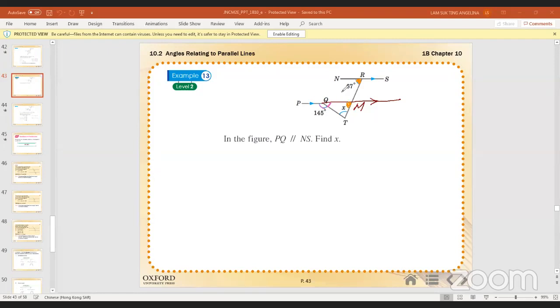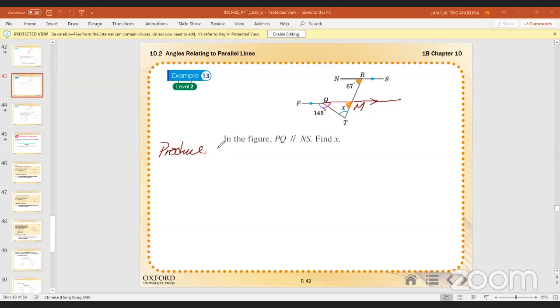Then you look at the diagram again: I can find this one, I can find this one, can I find X? You ask yourself in this way. If you have enough information, then you can write your steps, and you have to think which one you need to tell people first. First, I need to tell people that I have extended this line.